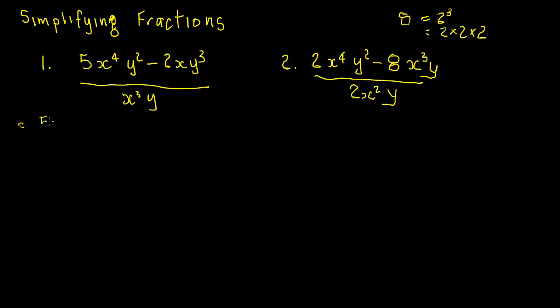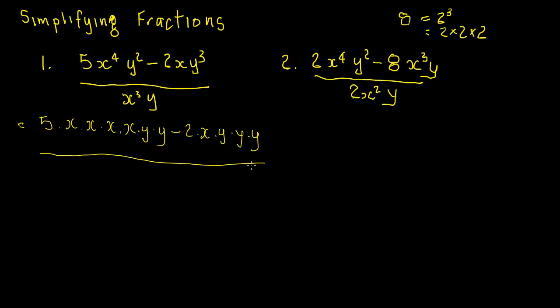So that's 5 dot x dot x dot x dot x, 5x to the power of 4, dot y squared, minus 2 dot x dot y cubed, all over x dot x dot x, which is x cubed, dot y.